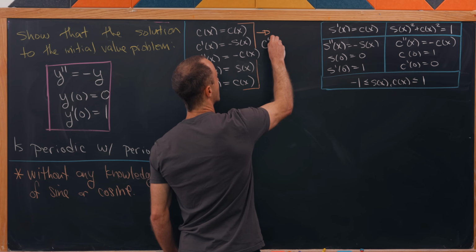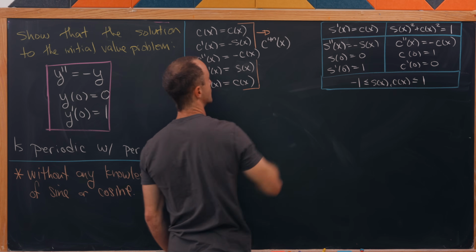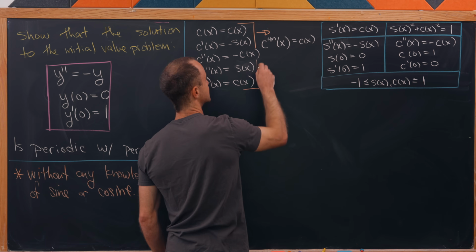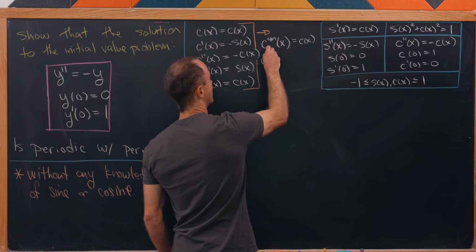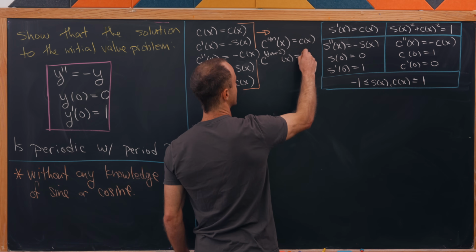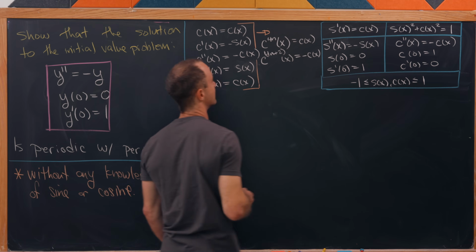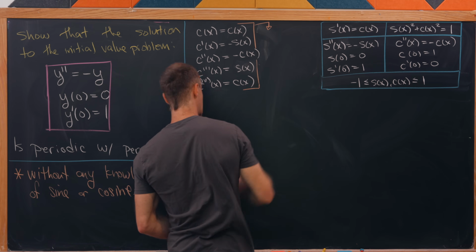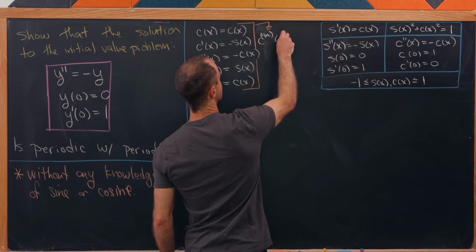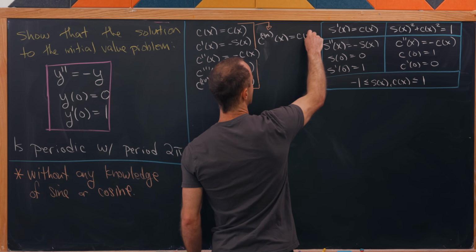Okay, so what do we really get out of this? Well, the 4nth derivative of cosine evaluated at x is simply cosine of x. And the 4n plus second derivative of cosine of x is negative cosine of x. Now we can extend this to see that the 4nth derivative of c of x is equal to c of x.